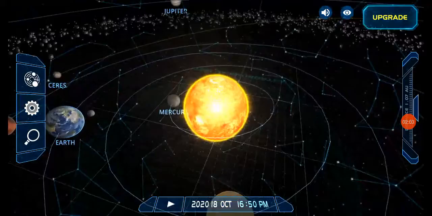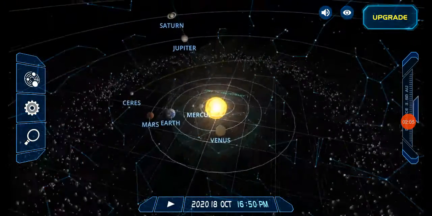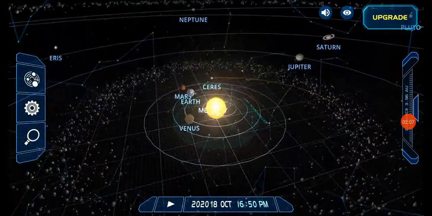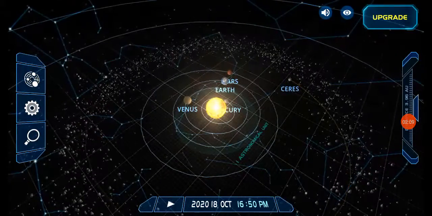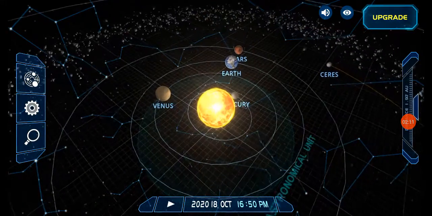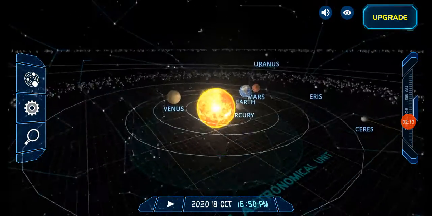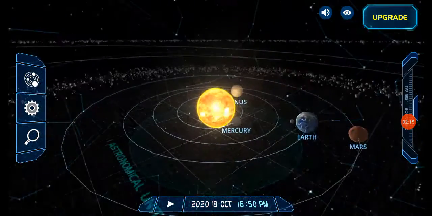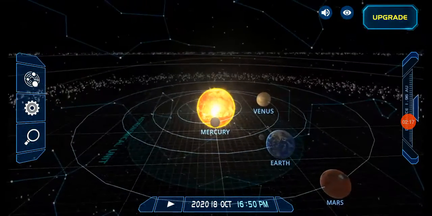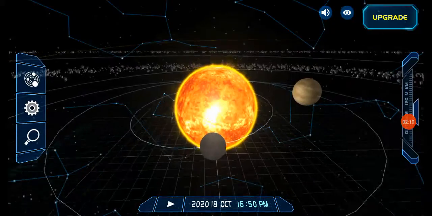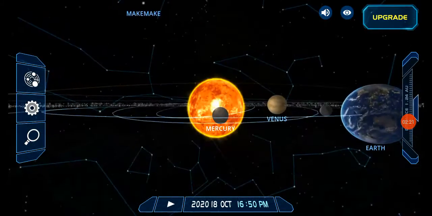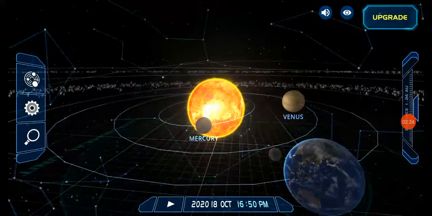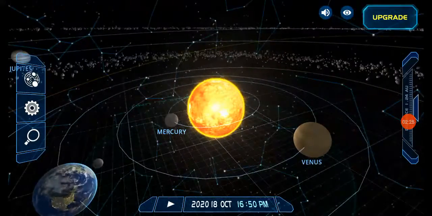Now let us discuss the planets. I will discuss the planets one by one, but let us first get some basic knowledge about them. Let us see the planet that is closest to the sun. Mercury, as you've seen here, is the planet closest to the sun. The next is Venus.